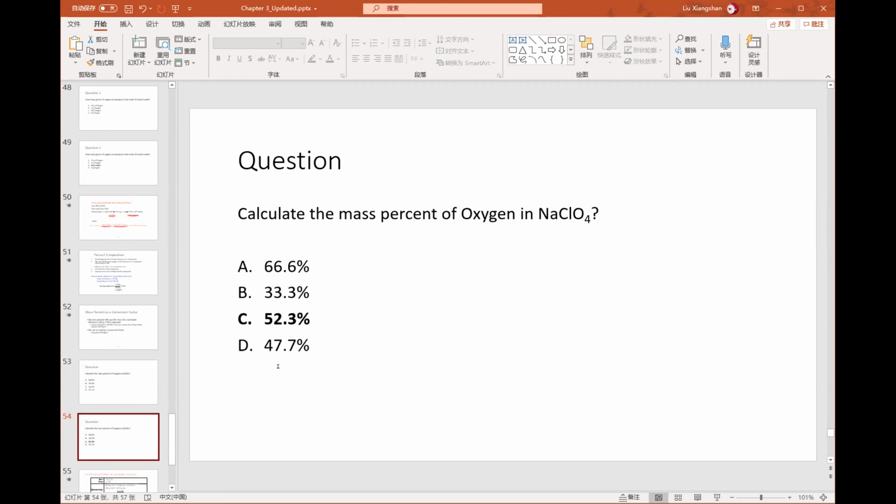For this one, you need to first calculate the molar mass of NaClO4, and then calculate the mass of the oxygen in this compound, which should be 4 oxygens, and then divide them and times 100%, and you should get option C. Okay.